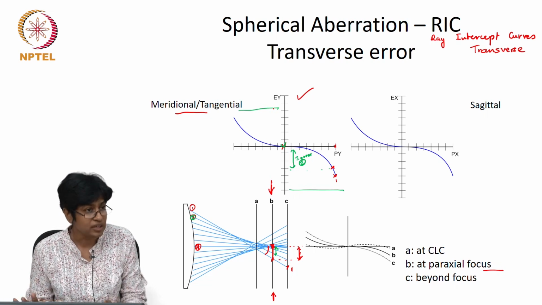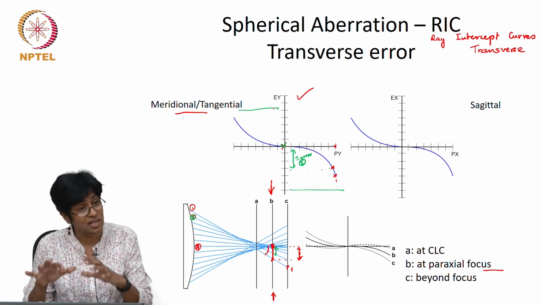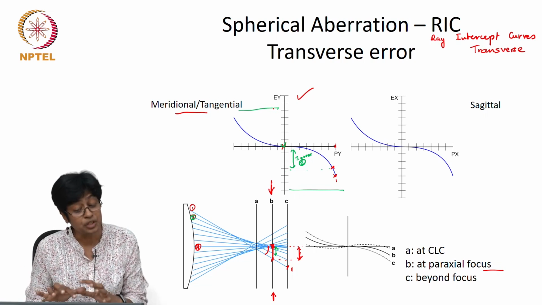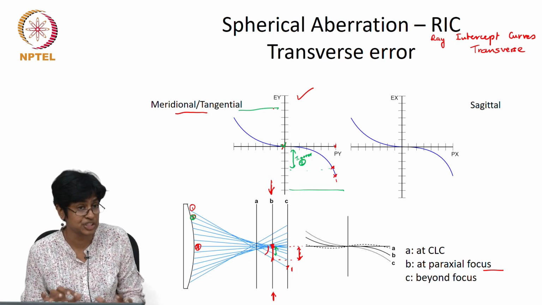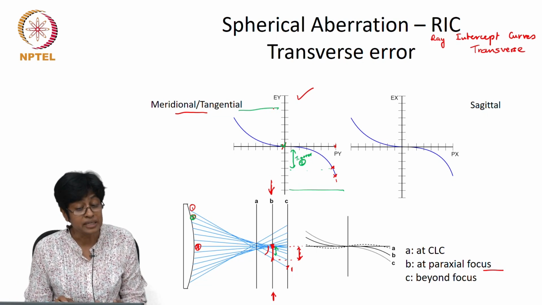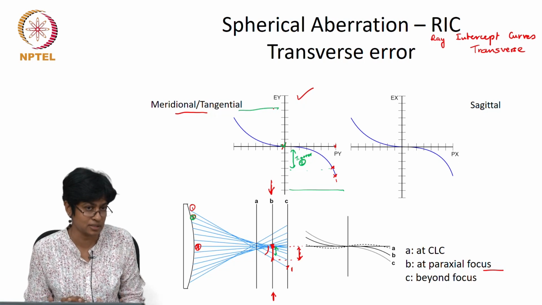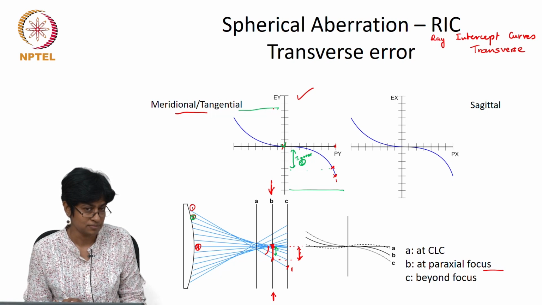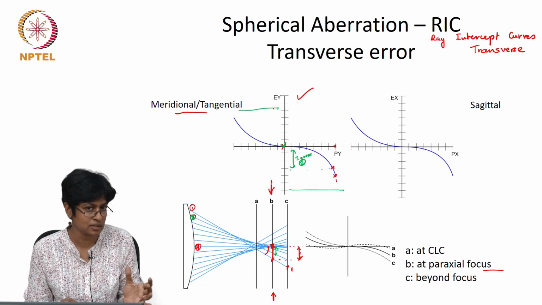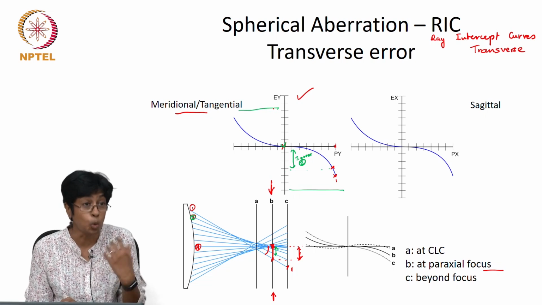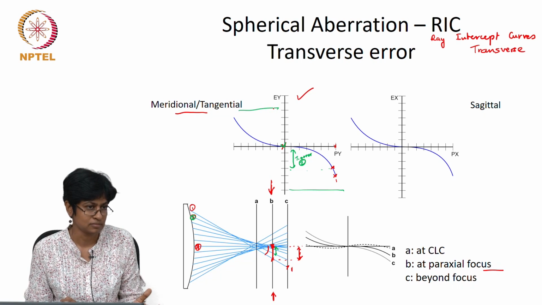So these figures, we are now studying them individually so that you get a sense of the shape. If the RIC curve has this shape, that means spherical aberration dominates the system. I'm very rarely going to have a case where the optical system has only one aberration, right?